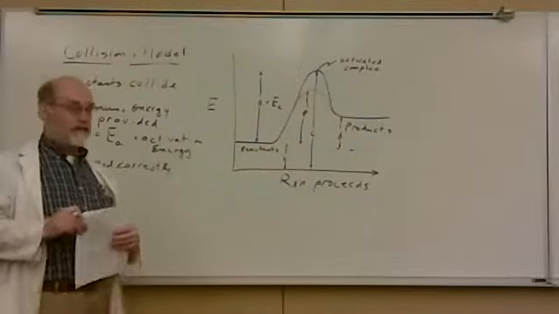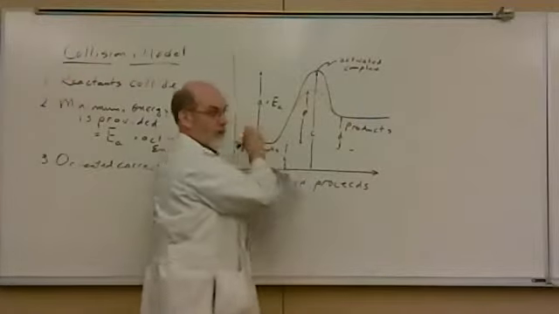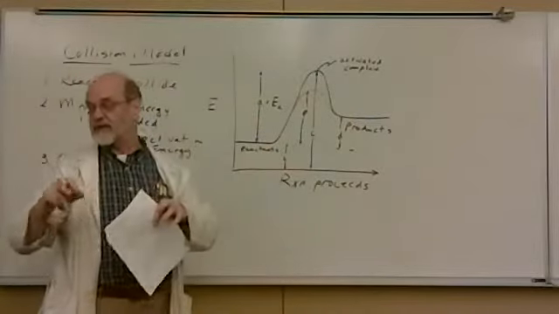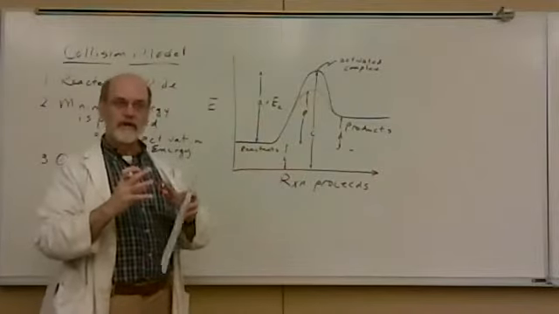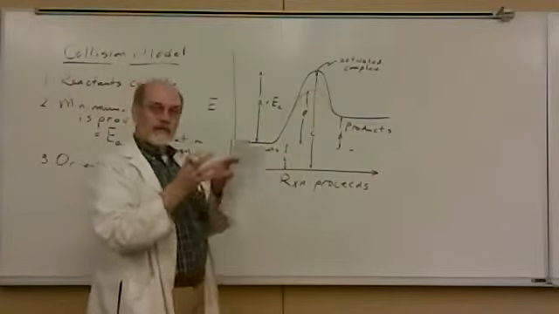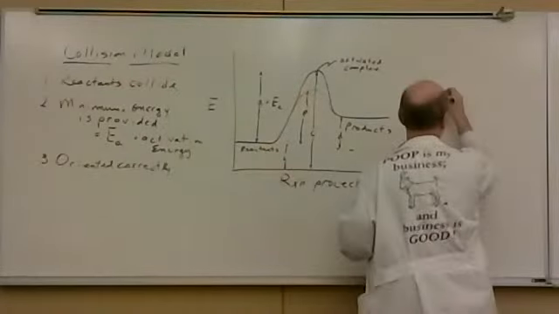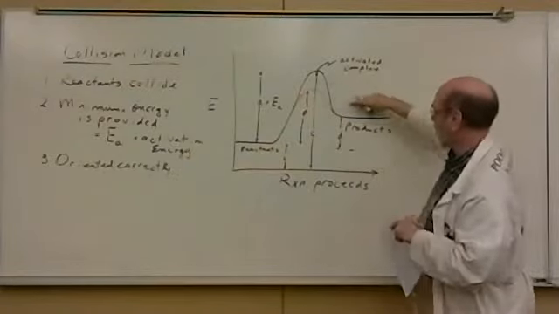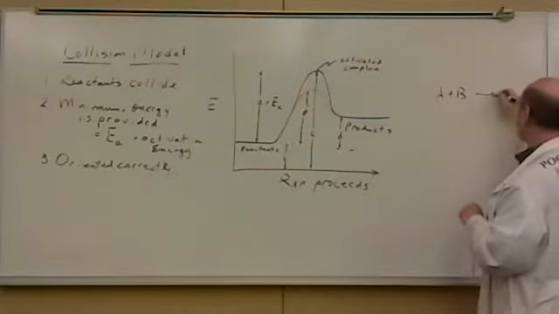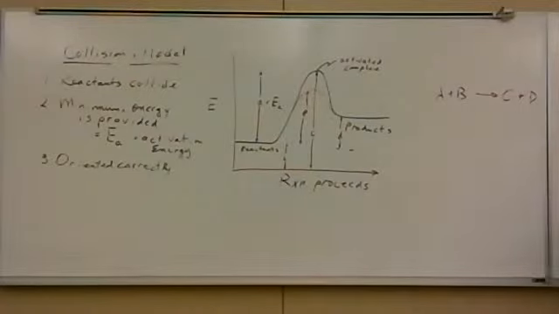Okay. Now those two scenarios, either this way or that way, can happen simultaneously in the same reaction mixture. But it won't happen to the same set of reactants. In other words, if you get an A plus B for this side, then they'll yield the products. Okay?